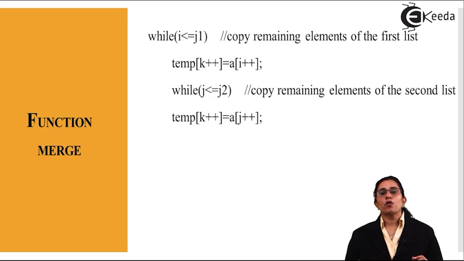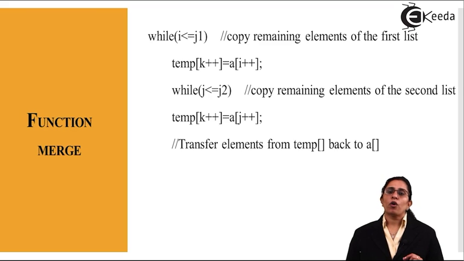You will see there are no curly braces in the while loops because there are only single statements in all of them. If there are remaining elements in the first list, that is array B, all the remaining elements are copied. If it is in the second array, that is C, then all my remaining elements are copied. Now what do we have to do?